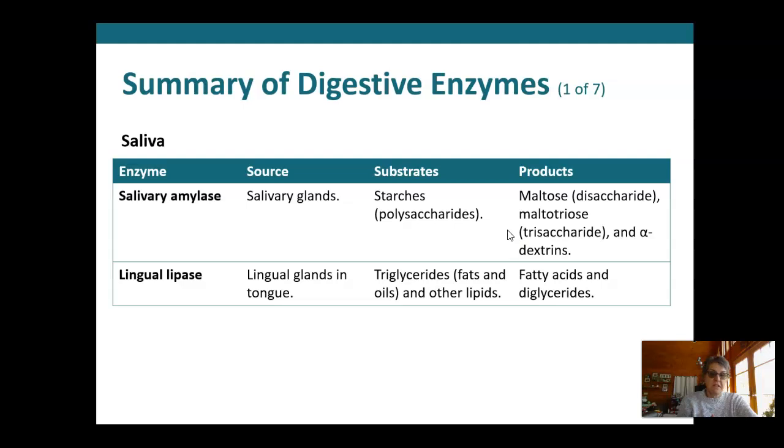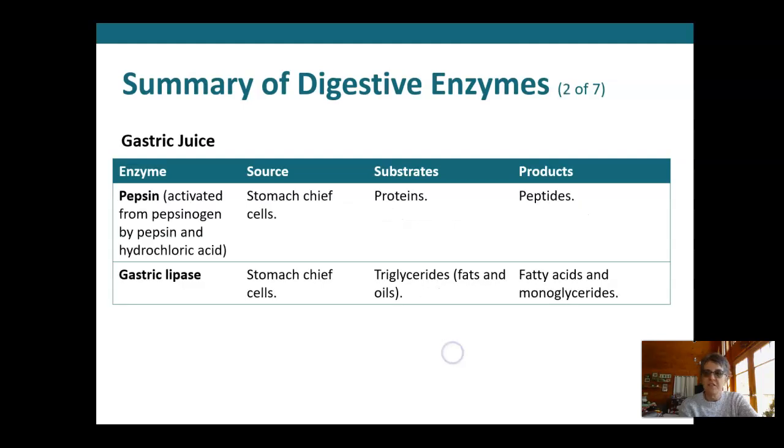The digestive enzymes. So we saw in saliva the salivary amylase made by the salivary glands. We saw lingual lipase for lipids being released by the tongue into the mouth to work on fats. However, remember that lingual lipase didn't get activated until it hit the acid in your stomach.